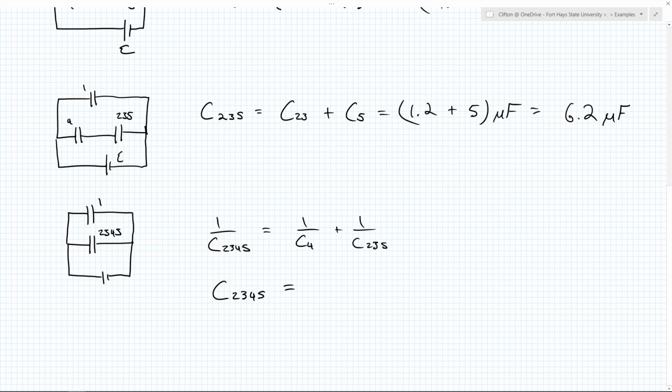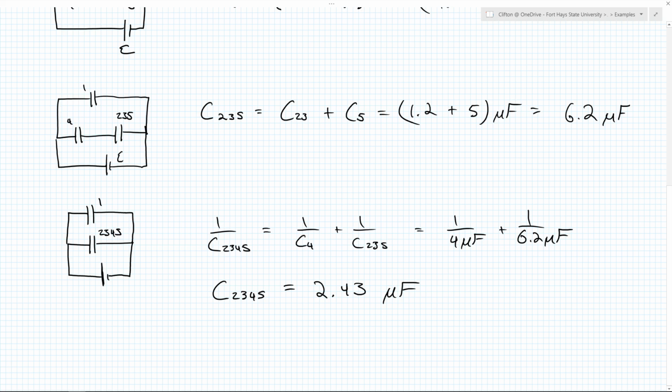Let's see here. 235 is 6.2. This is 4 microfarad plus 1 over. I get 2.43 microfarad.